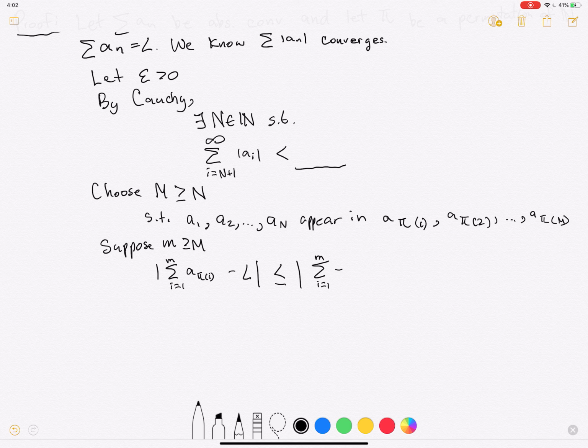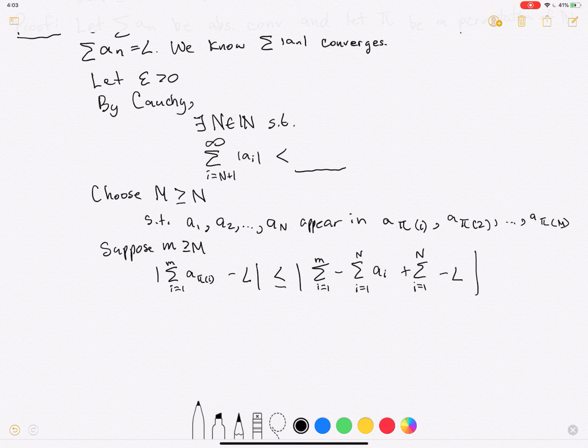We're subtracting and adding terms here, and then group those. That's an equality. Now we use the triangle inequality and get this.